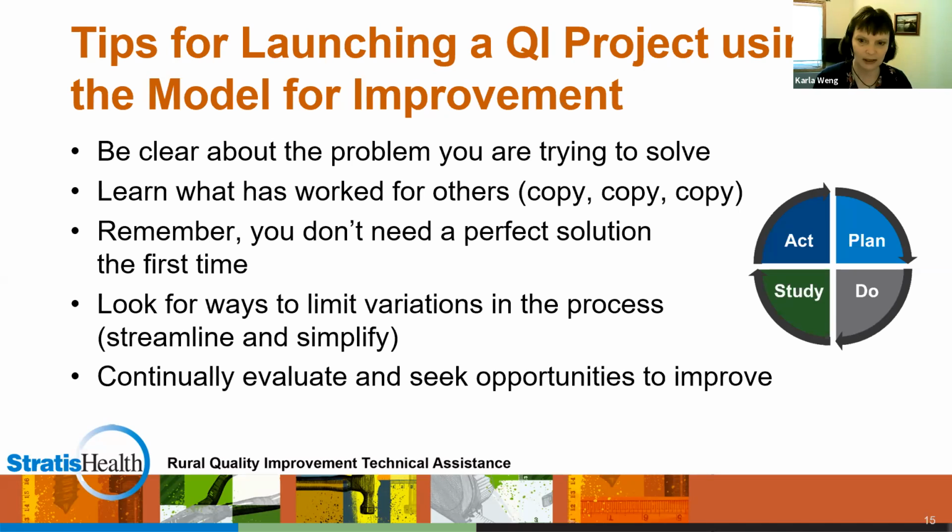We tend to stick to things that are simpler and streamlined, so fewer steps, less complication. Are there ways that you can make that as simple as possible, and then continually evaluate and seek opportunities to improve? A lot of what we'll be doing with the Quality Innovation Labs is those opportunities to continually evaluate, share what you're doing, and learn from each other.